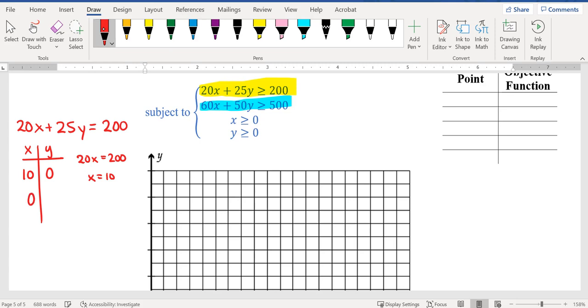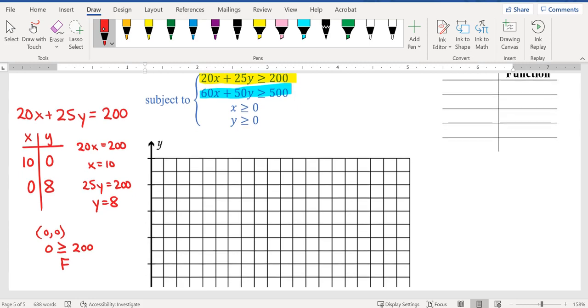If I let x be 0, 25y equals 200, so y would be 8. For my test point, 0, 0, would 0 be bigger than or equal to 200? That is a false statement, so no. Okay, I'm going to go graph that boundary line.